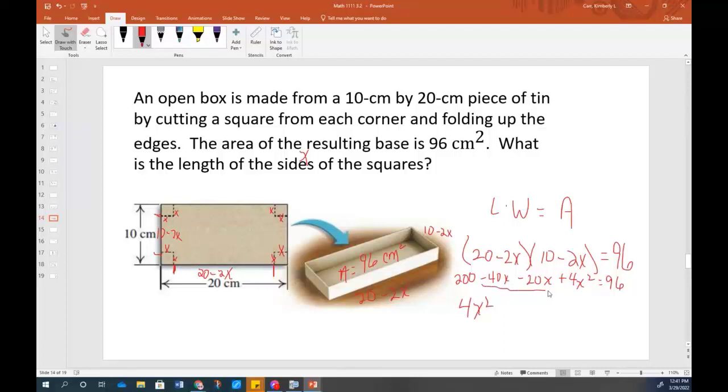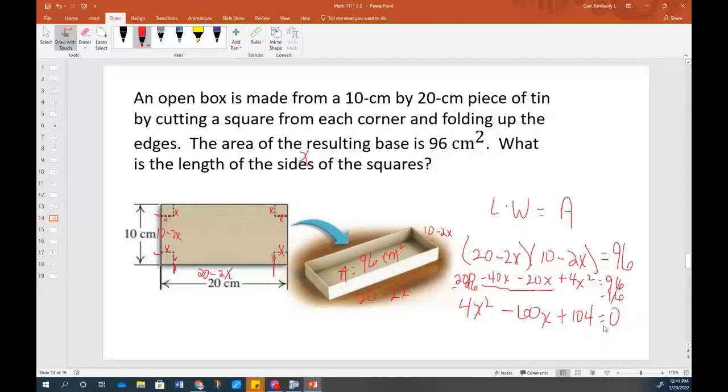Then the terms with the x, that's going to be negative 40x minus 20x, that's negative 60x. But I need to subtract 96 from both sides of this so that it will equal 0. So 200 minus 96 is going to be 104. So that's plus 104 is equal to 0.